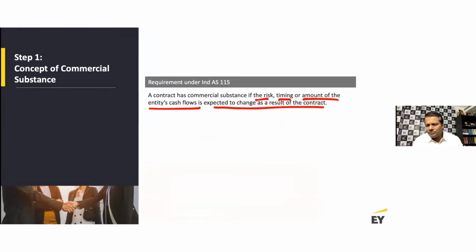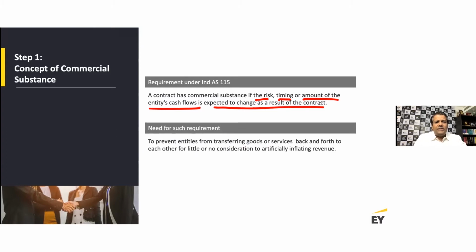So you enter into this contract, and it has to result in a risk or reward scenario. It has to impact the timing of your cash flows, or the extent of the impact on your own cash flow. Otherwise, why am I doing this transaction? That's the question we need to ask.